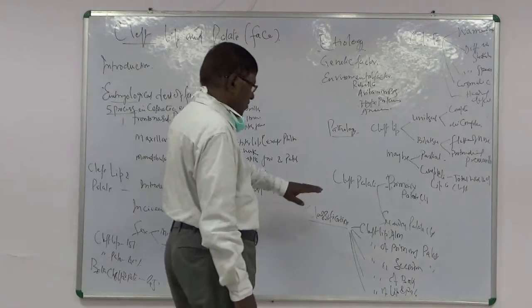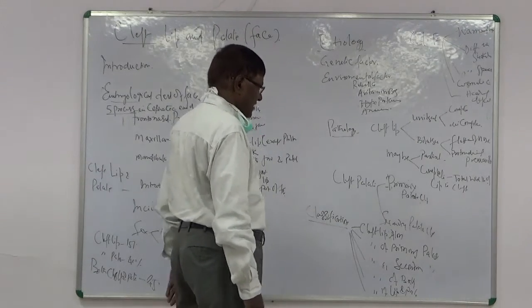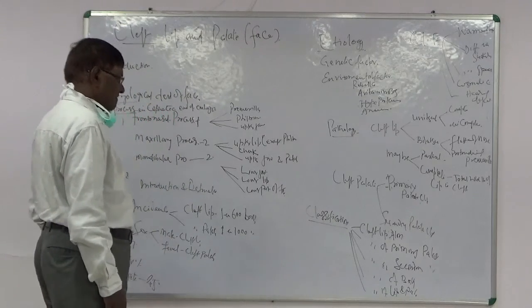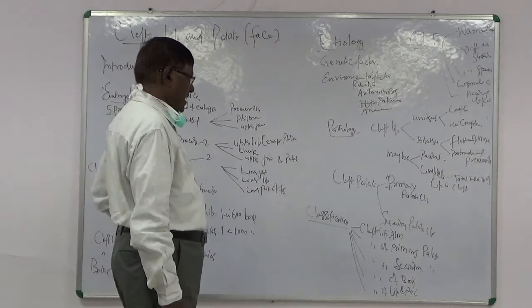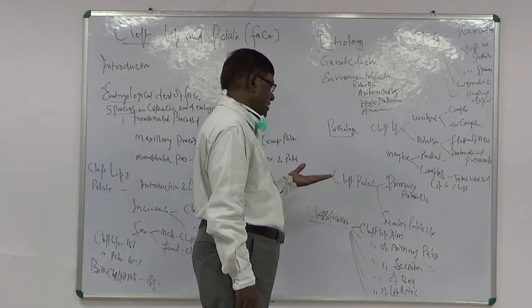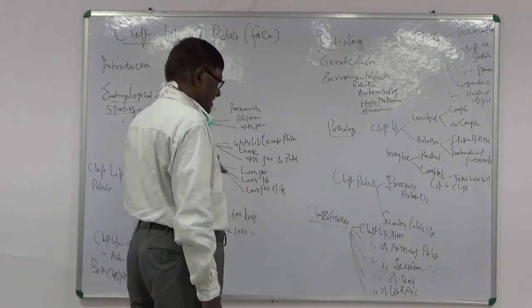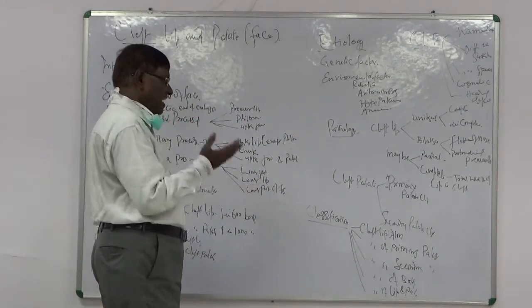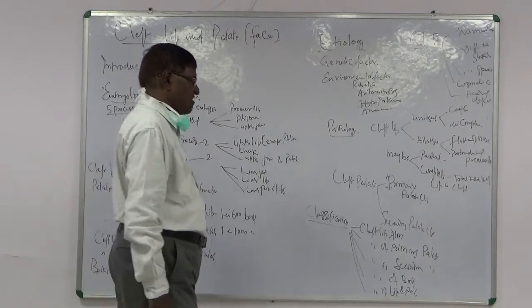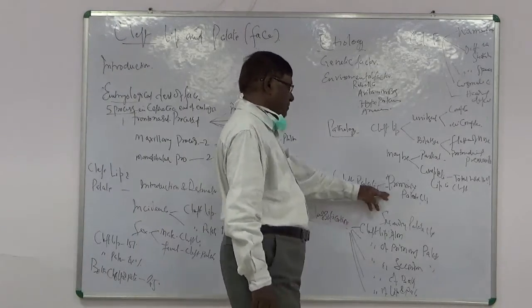Similar to that, the cleft palate. Before considering the cleft palate, the palate can be divided into two parts, the primary palate and the secondary palate. The primary palate is that part of the palate that remains anterior to the incisive foramen. The incisive foramen is a small, triangular slit in the palate.